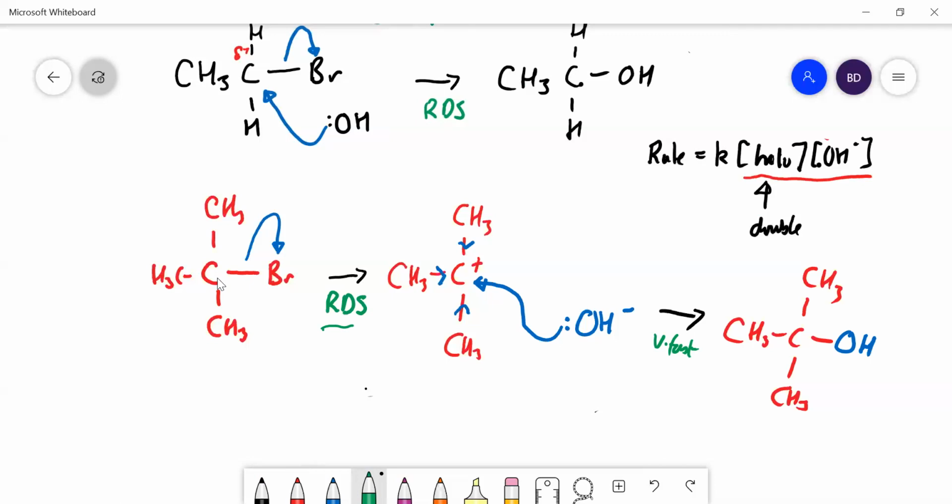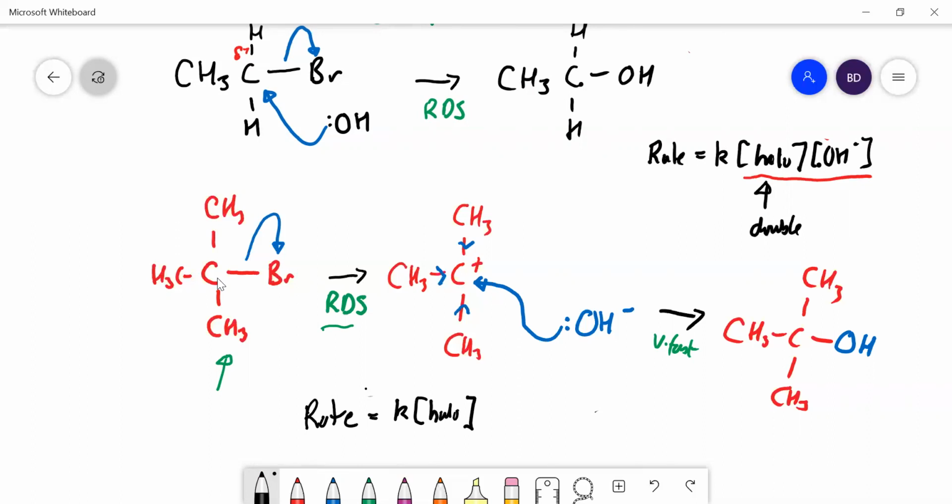So how can you speed up the rate of formation of carbocation? Well, you could increase the concentration of the haloalkane. So that's why in that mechanism, you find the rate is independent of the hydroxide ion concentration. It's zero order with respect to the hydroxide ion concentration, and it's first order with respect to the haloalkane.